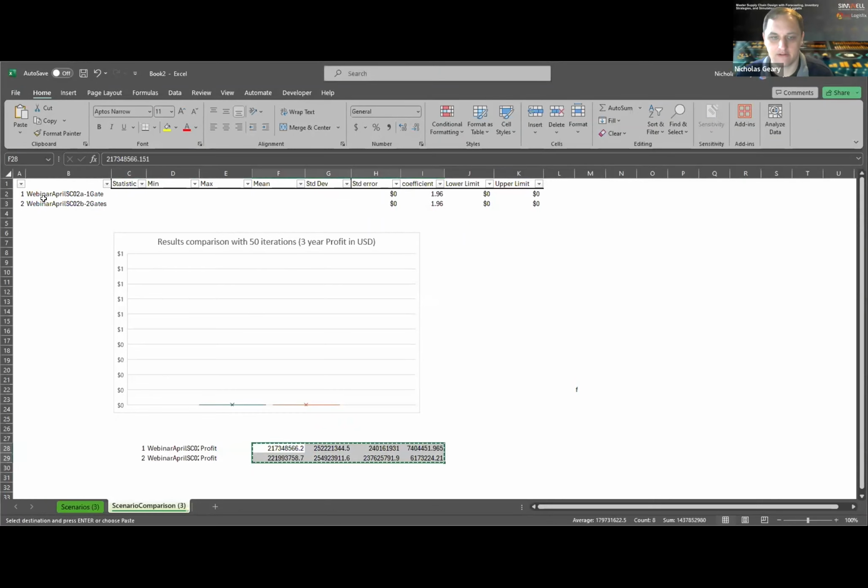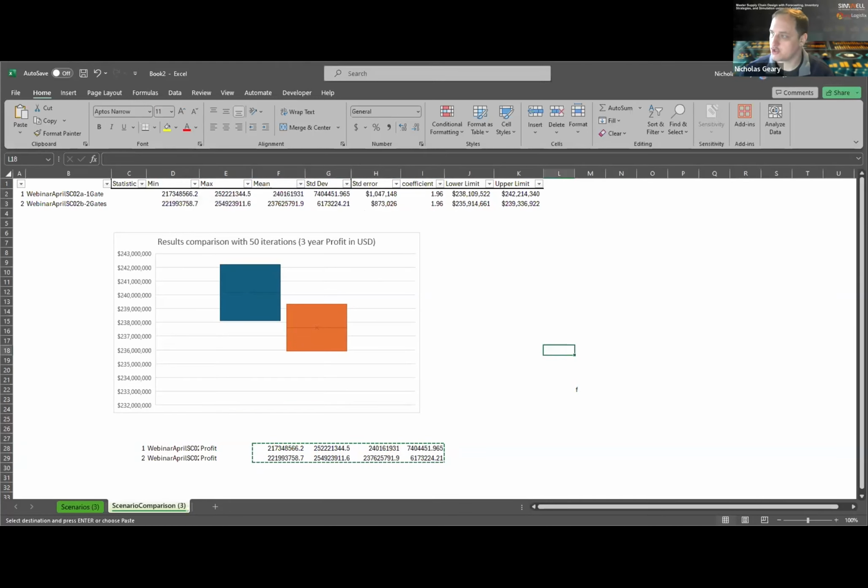And now because we ran 50 different replications of the experiment, what I want to show is the confidence interval with running 50 different experiments here. So as you can see in here, the confidence intervals do overlap. Let me make this a little bit bigger.